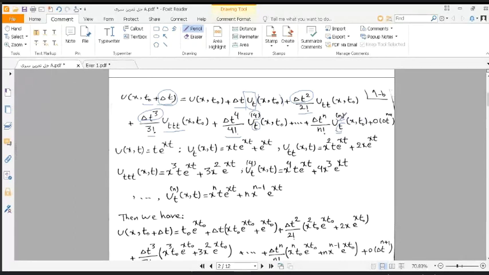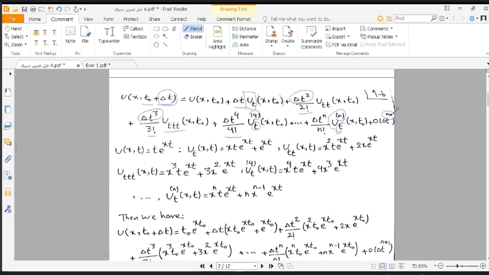Because we write these terms until the nth derivative of u, the last term is O of delta t to the power n plus 1. When we write O of delta t to the power n plus 1, the nth derivative of u with respect to t should be computed.